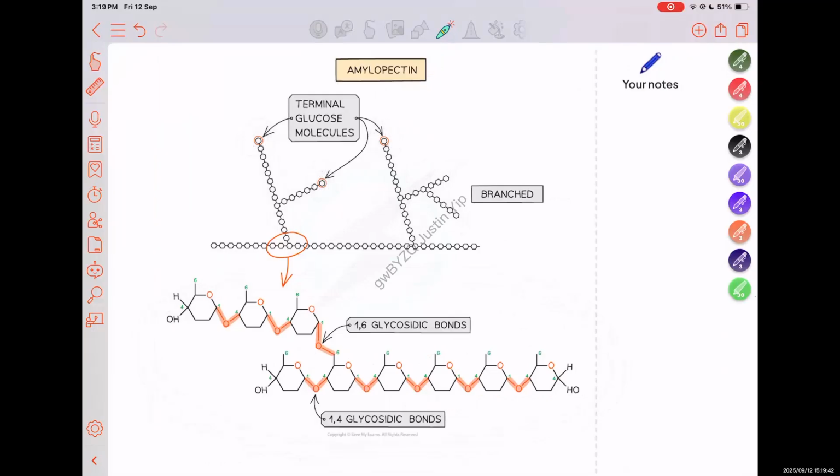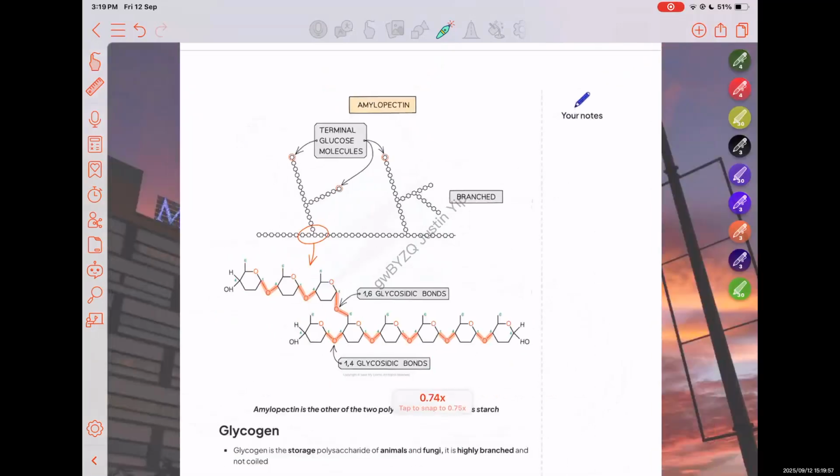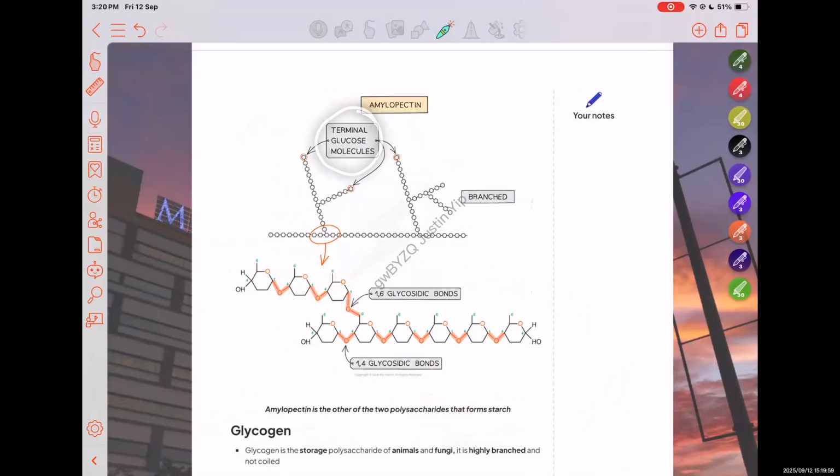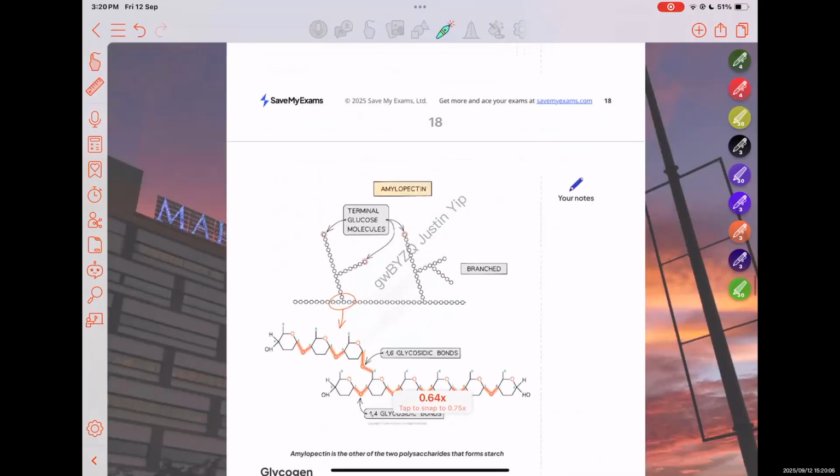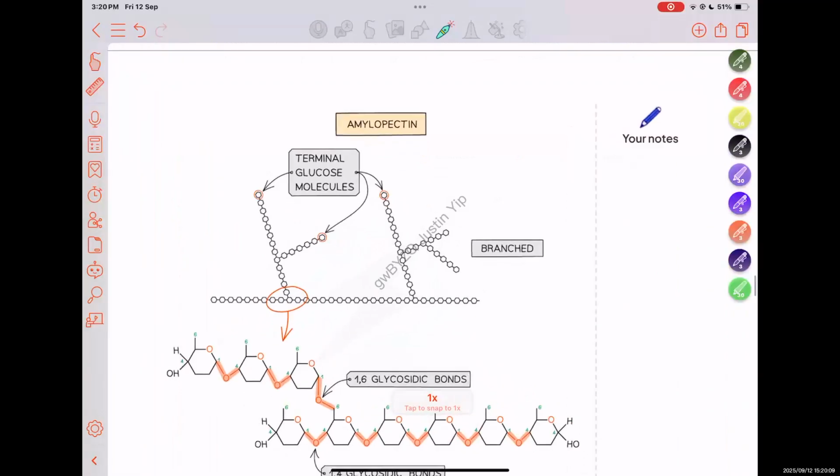The terminal glucose molecule prevents the chain or the branch from becoming too long. So you have a terminal glucose that terminates the fusion of glucose molecules. For this part, is it okay? Can you understand? Okay.